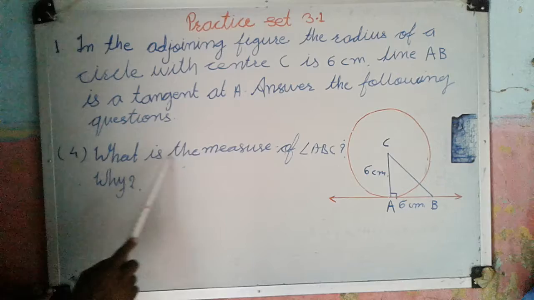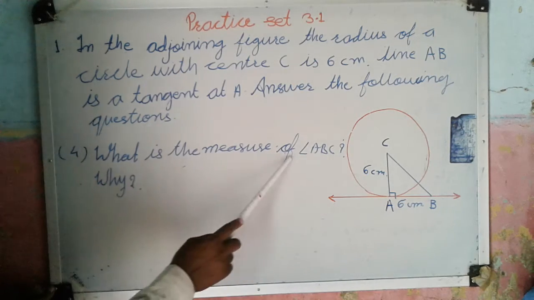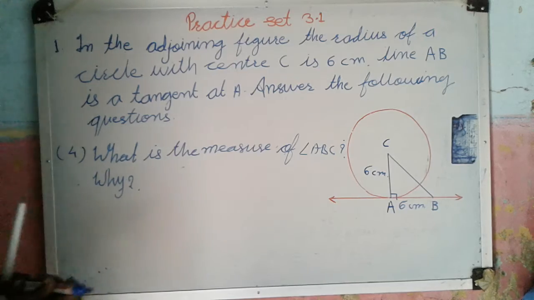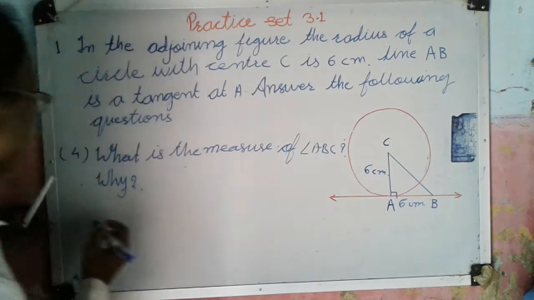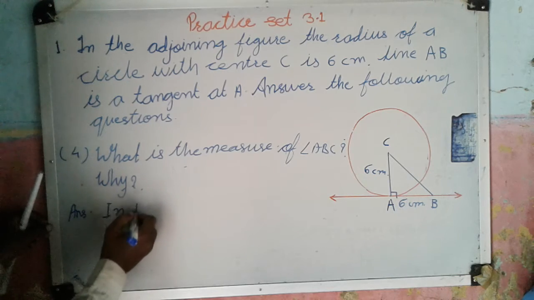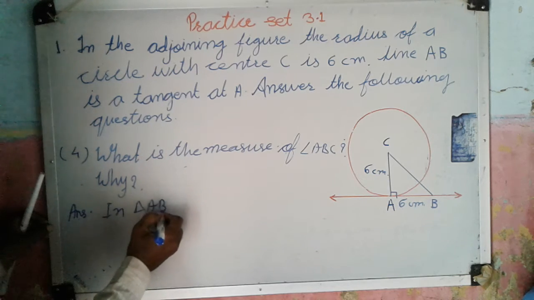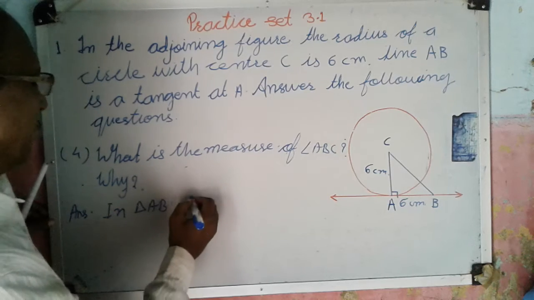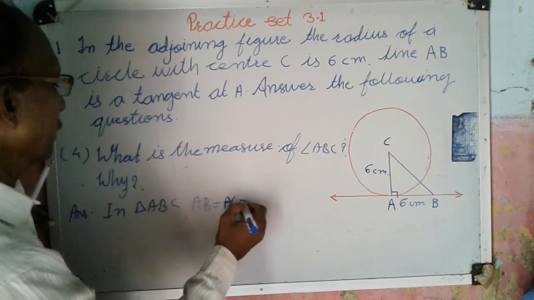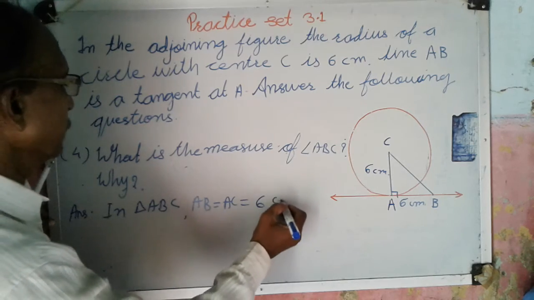Fourth question. What is the measure of angle ABC? Why? Now see here. In triangle ABC, AB is equal to AC is equal to 6 centimeter.